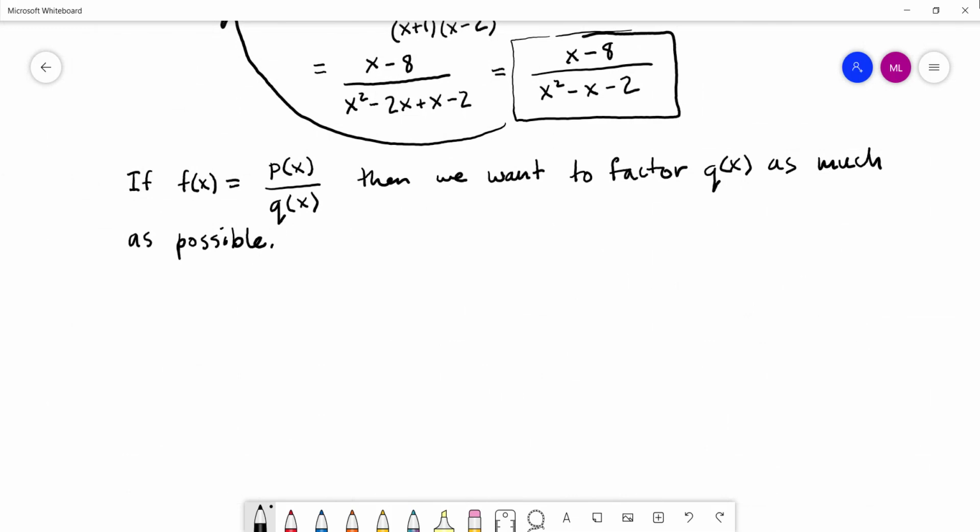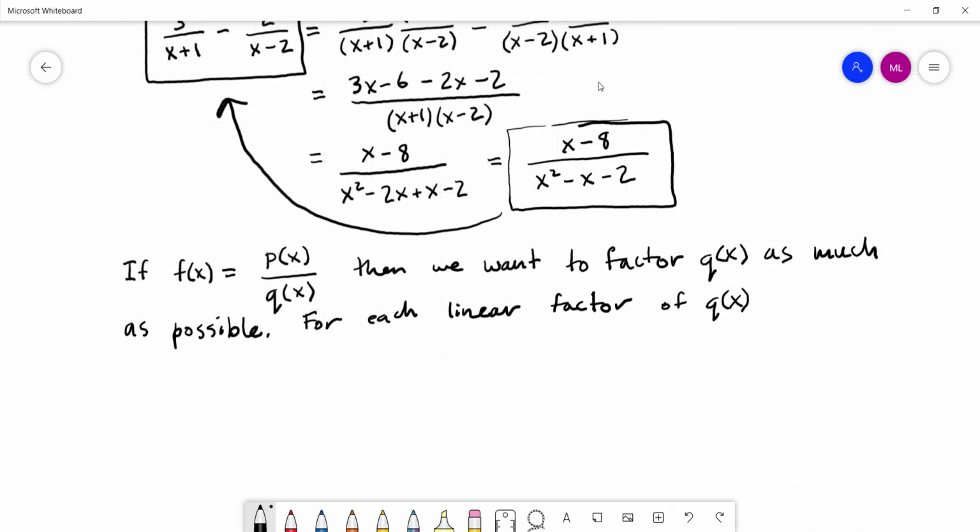Okay, so for each linear factor of q of x, in our case in the example above, they were both just linear factors. There were two of them, and they were each of what we call multiplicity 1. They each only occurred once.